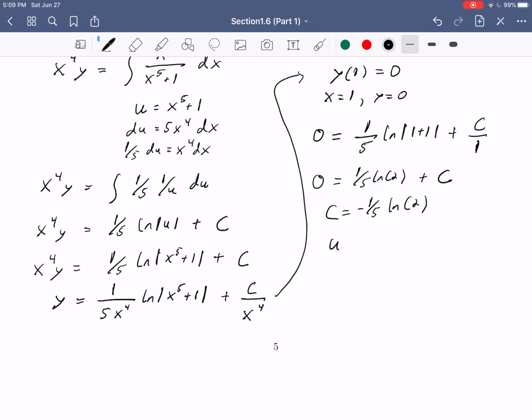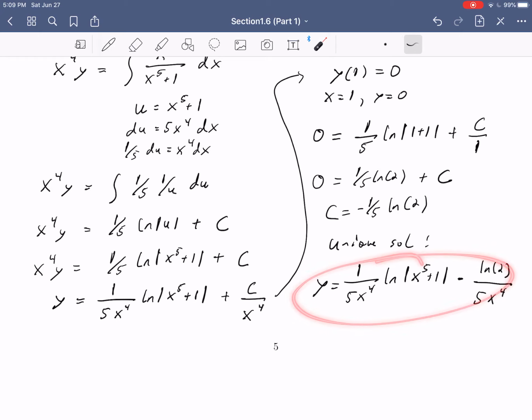So that means our unique solution that we were looking for is y equals 1 over 5x to the fourth ln absolute value x to the fifth plus 1 minus ln of 2 over 5x to the fourth. So there we go. There's our unique solution with that c plugged in. So that gives us our unique solution to the IVP.